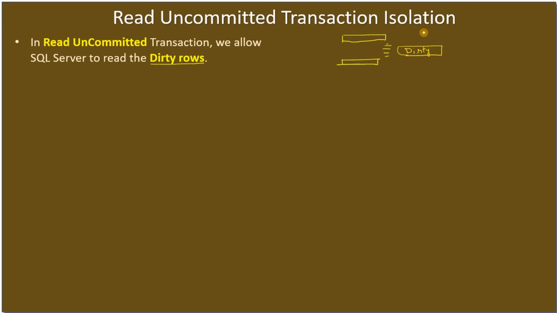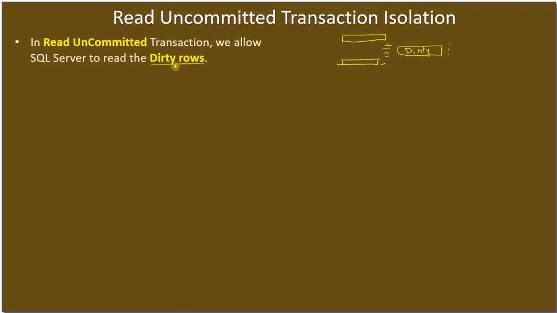That means it's a half-updated row. Let's say an update changes 4 columns, and when all 4 columns are updated completely, then we can state that the row is committed. In between, the row will be in the dirty state. With the read uncommitted transaction isolation level, we allow SQL Server to read the dirty rows.